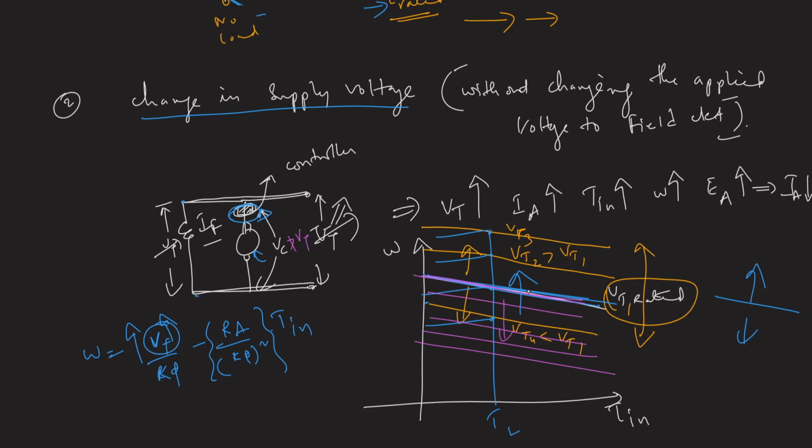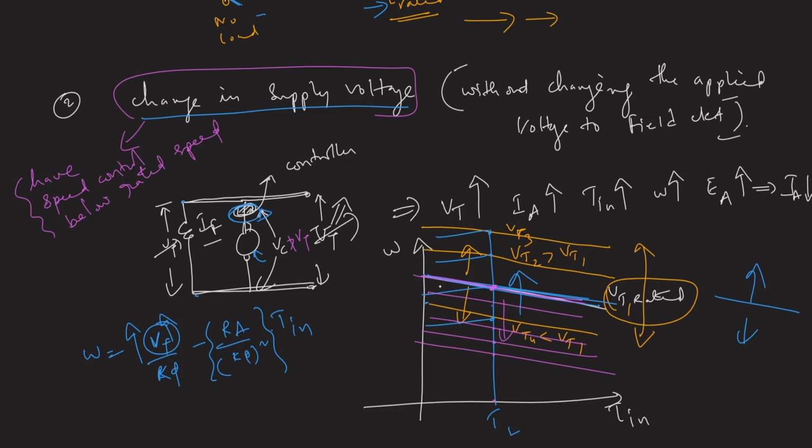So this is how for a given torque I can operate at lower speeds than the normal speed, right? So the change in supply voltage is the best method to have speed control below rated speeds. Followed? So above rated speeds, field control is the best way. Below rated speeds, change in supply voltage is the best method.